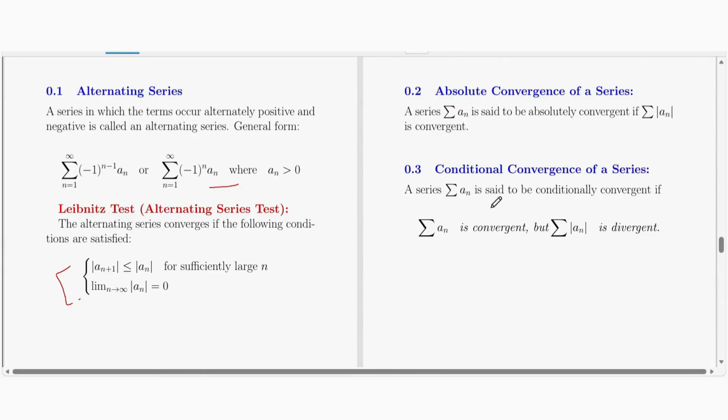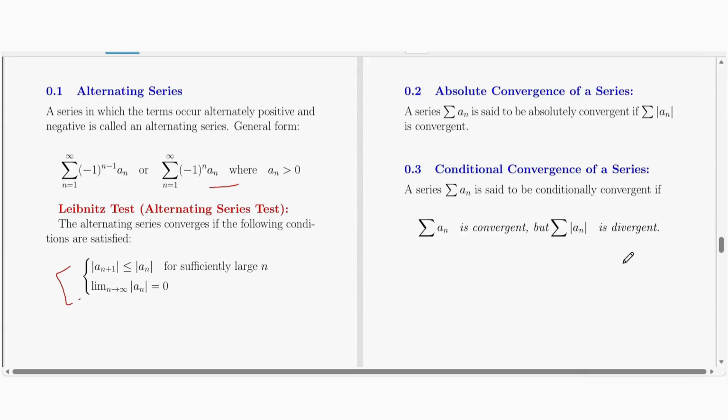Next is conditional convergence of a series. A series a_n is said to be conditionally convergent if the series a_n is convergent but the series of absolute values of a_n is divergent. After taking the absolute value, this alternating series is converted into a positive term series.